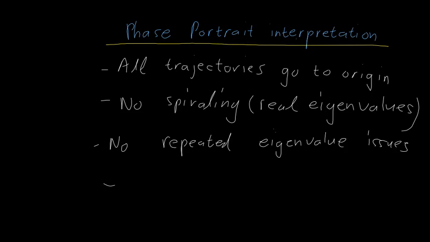There's not going to be any defective matrix whatsoever. This is a stable node with only two distinct decay rates, as I've shown you.